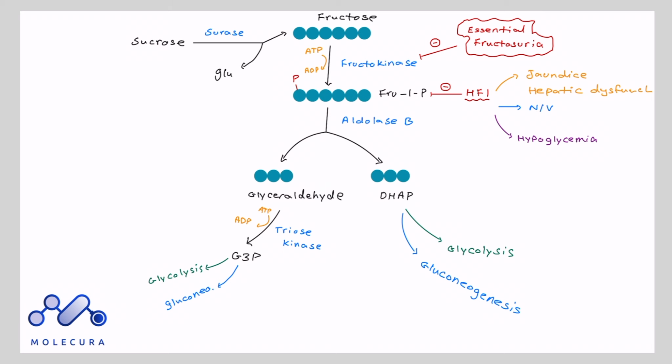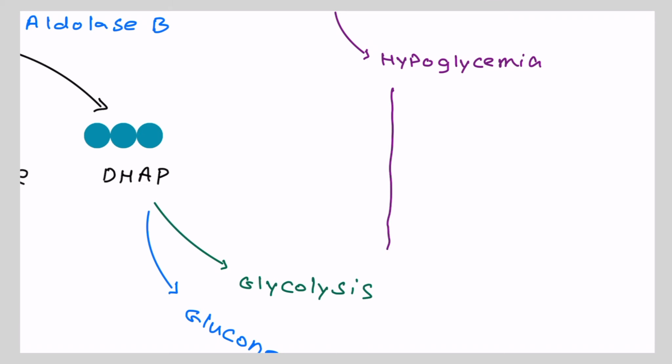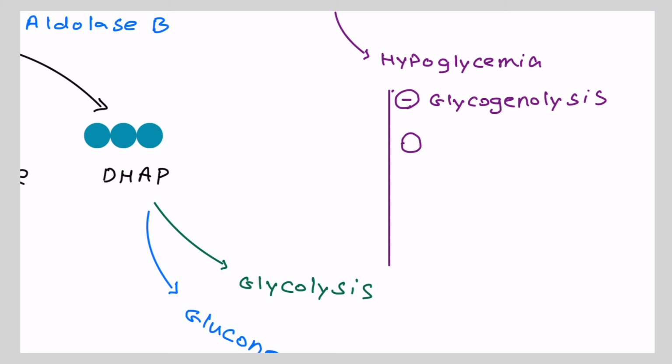Hypoglycemia happens because of a couple of reasons, okay? One of them is going to be impaired glycogenolysis. So we have glycogen in the liver and the skeletal muscle that has been accumulated there by the body. For this to get broken down into glucose 1-phosphate, what needs to be there is an enzyme that we call phosphorylase A. And phosphorylase A is not going to be there because there is depletion of intracellular phosphate.